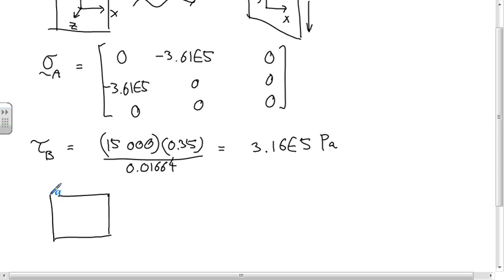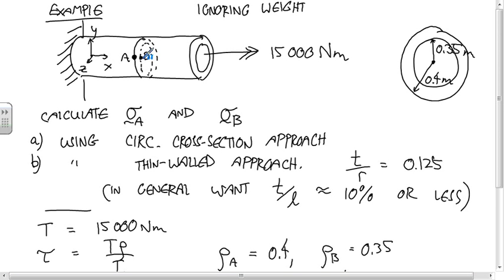So if you represent that point with a rectangle with the coordinate system like this, what's the deformation that's going to happen to this rectangle? It's going to be the same because all of the material in that tube is going to, the right side is going to do this, the left side is going to do that, right? So the rectangle is going to do the same thing, the sign is going to be the same, the element is going to be the same.